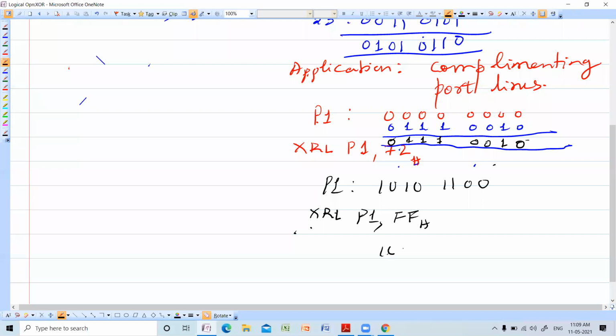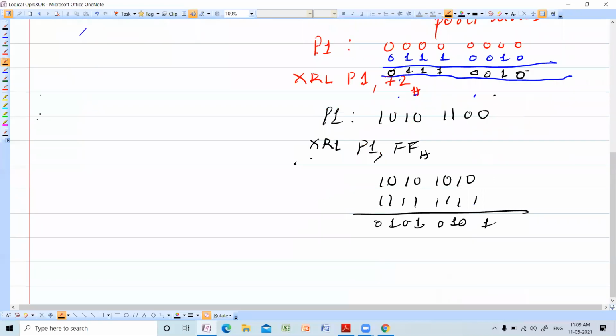Now, very interesting. If you perform XOR with FF, all ones, what are you going to get? 1 XOR with 1 is 0, 1, 0, 1, 0, 1, 0, 1. Have you observed the complement operation?